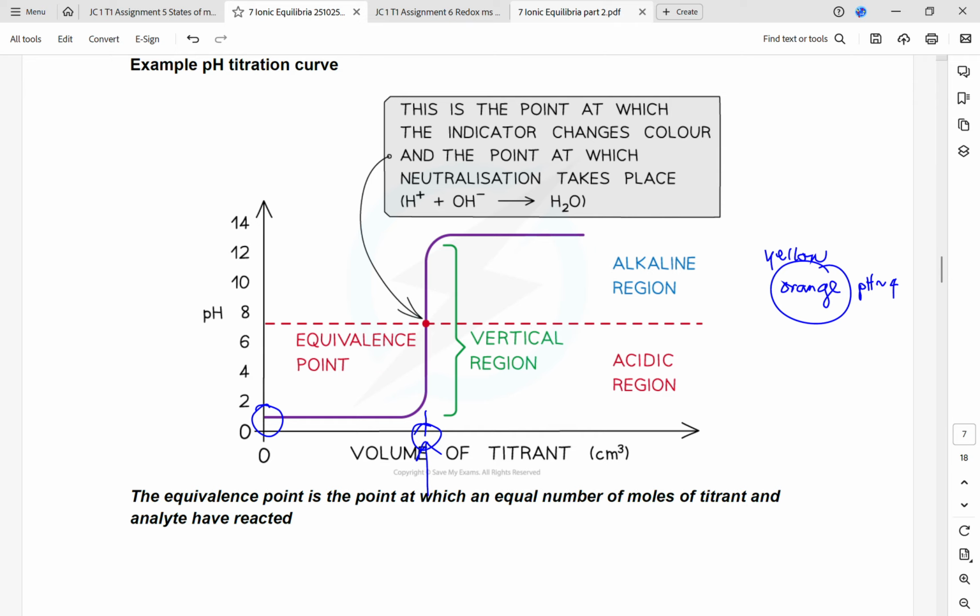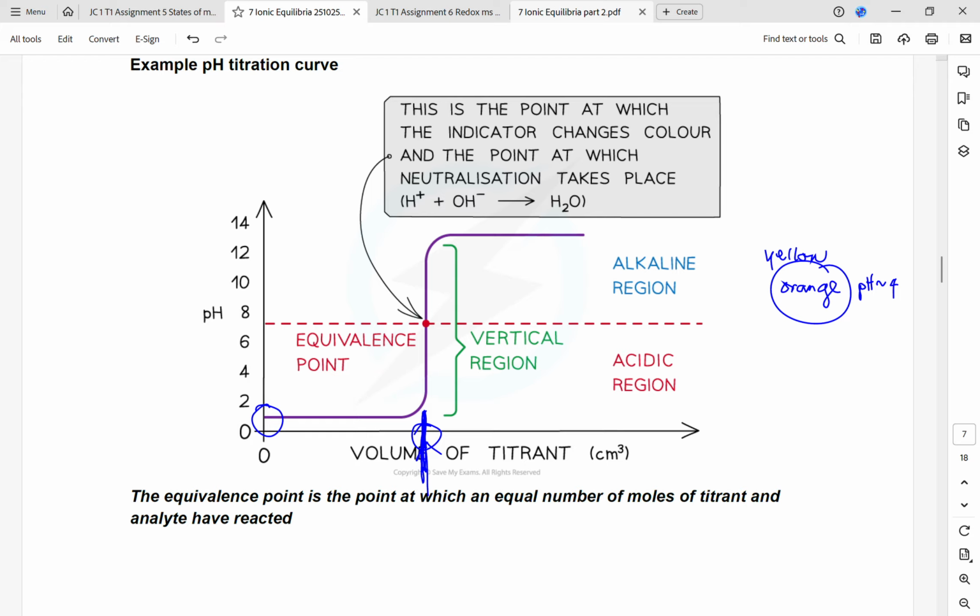But if you plot the curve, then you can really see at what volume exactly the titrant neutralized the acid completely. That's the first one.